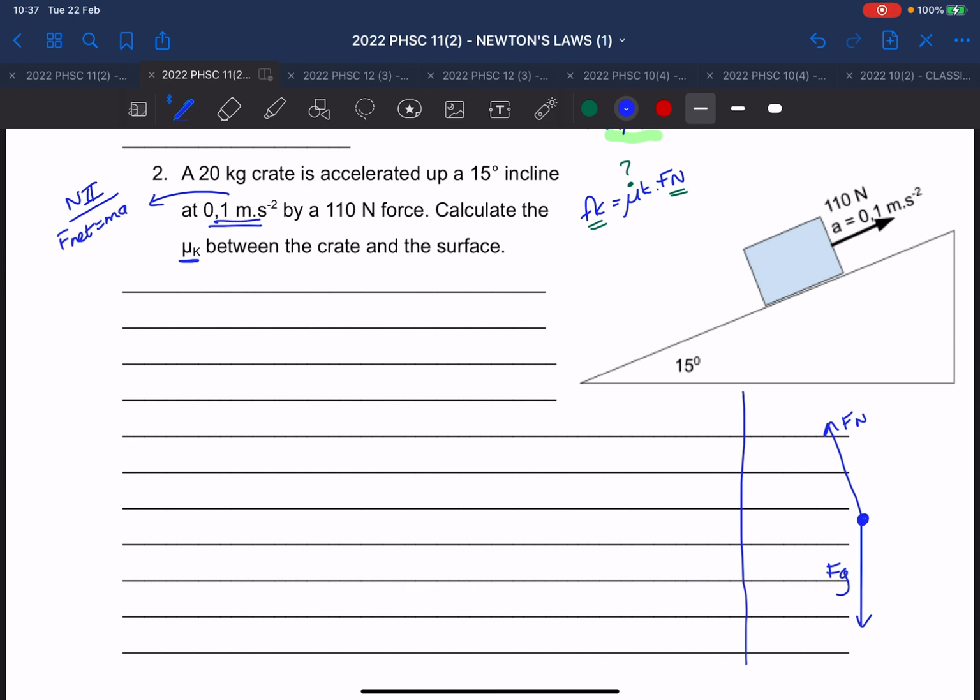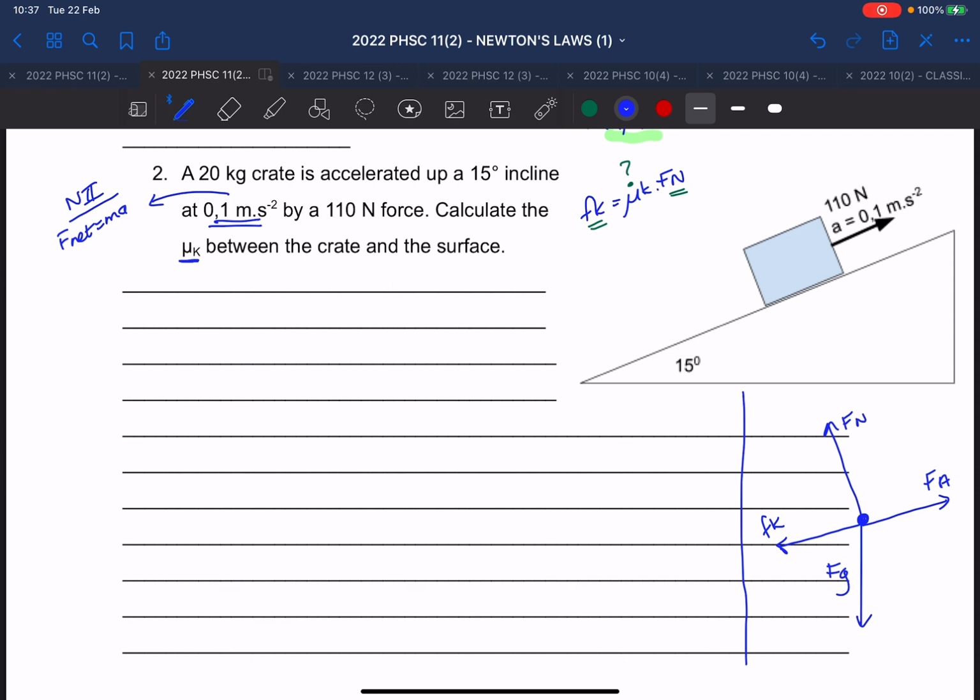So in which direction is friction? To the left. But you're also going to say it is in the opposite direction of motion. And your last force is your applied force. Someone is pushing it up.